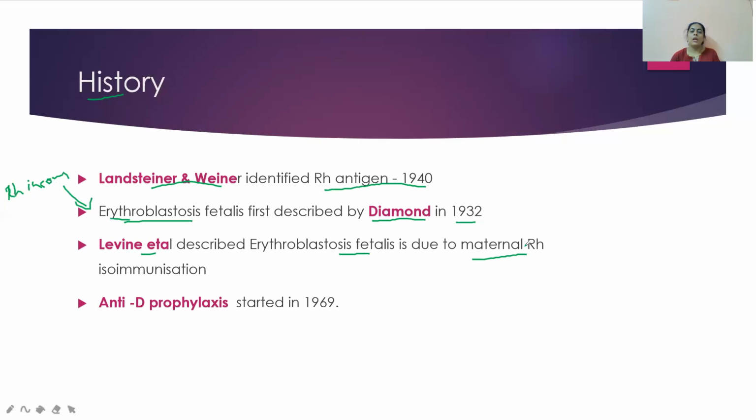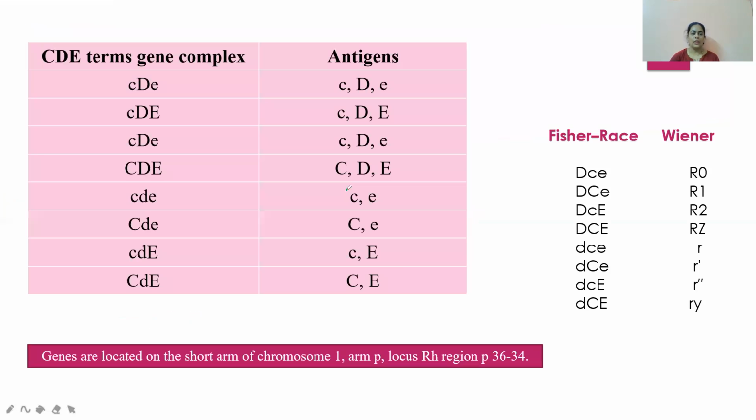Anti-D prophylaxis means antibodies to the D antigen were used for prophylaxis to prevent Rh incompatibility, and that was started in the year 1969. Very important to remember, Landsteiner and Wiener identified this Rh antigen in 1940.